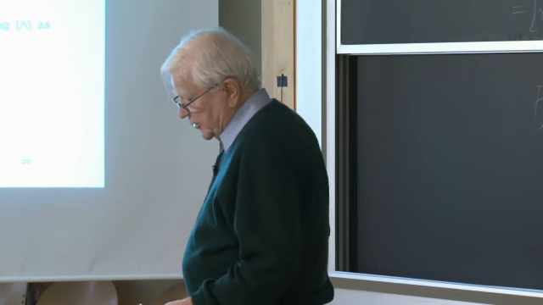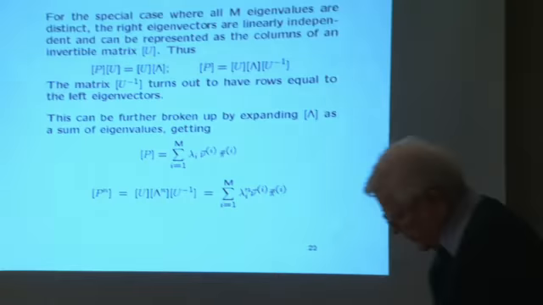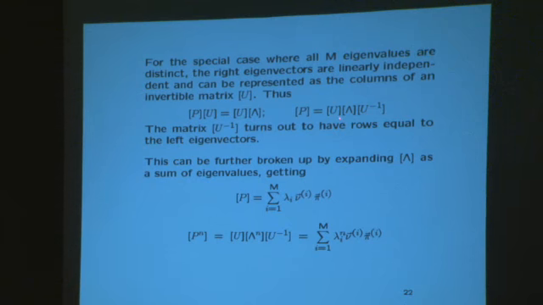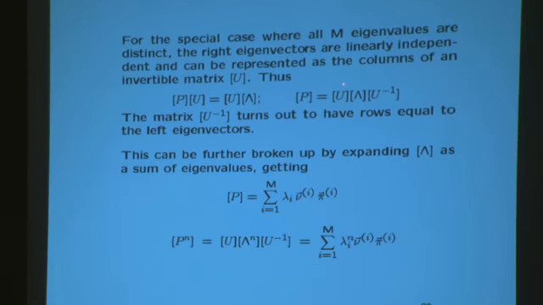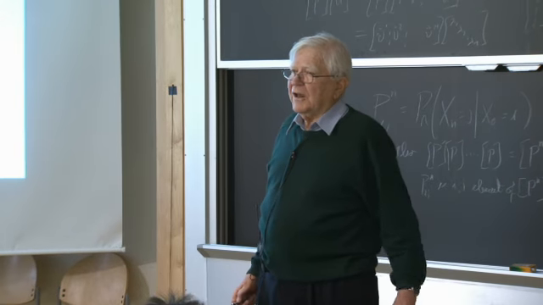So you can also express this as P equals this matrix of right eigenvectors times the diagonal matrix lambda times the inverse of this matrix. Matrix U to the minus 1 turns out to have rows equal to the left eigenvectors. That's because the right eigenvectors and the left eigenvectors are orthogonal to each other.